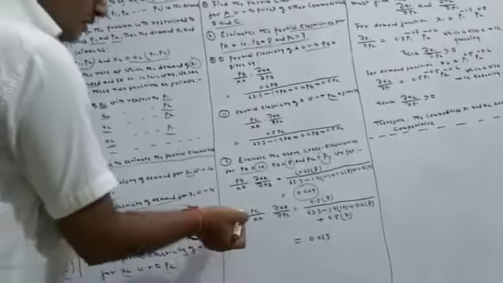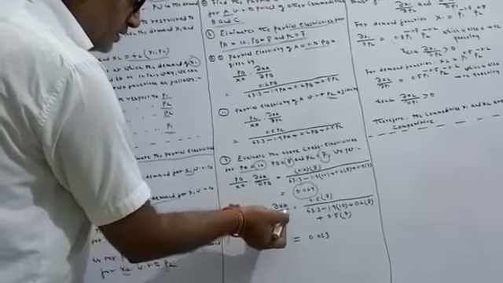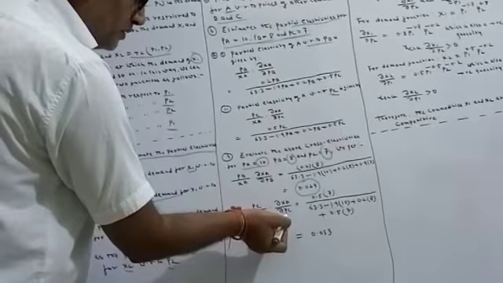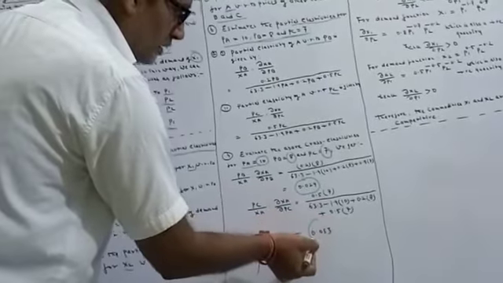Similarly, in PC by XA into del XA by del PC, putting the values, we get 0.053.